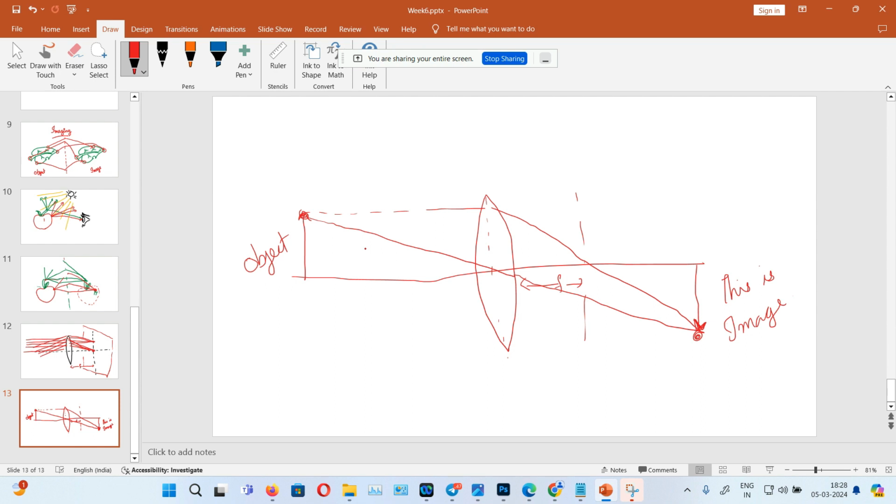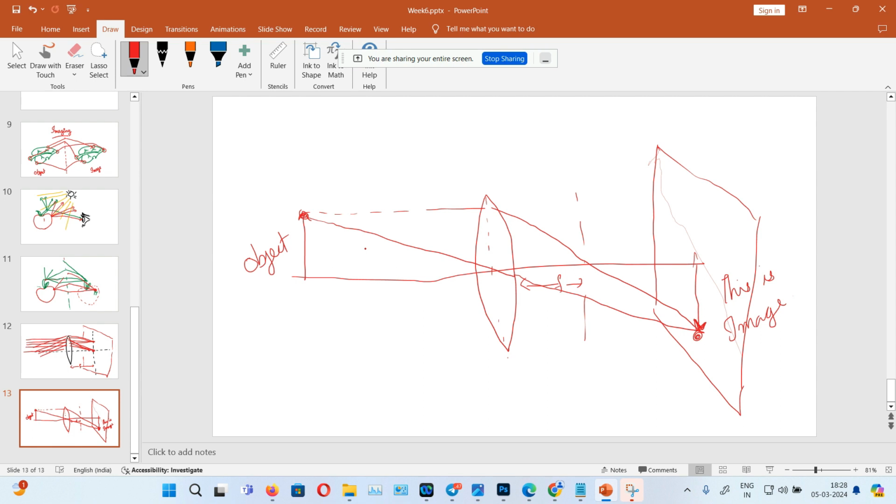If this image is formed by a system and you put a plane or a screen here, you can see the image of the system on the screen. This kind of image, which can be put on a screen, is called a real image.